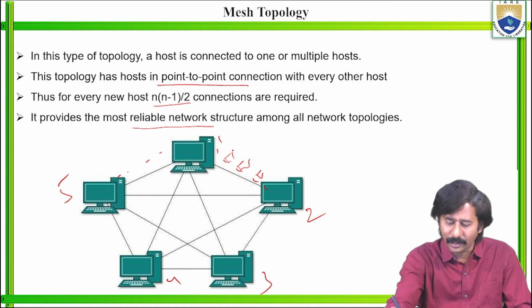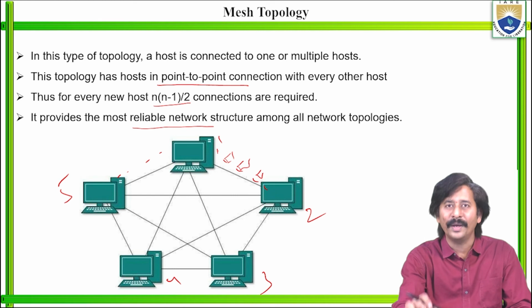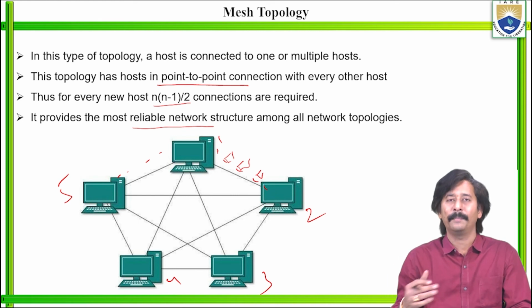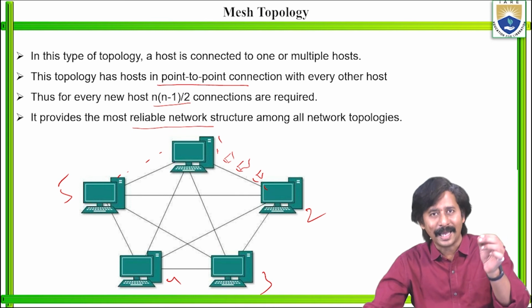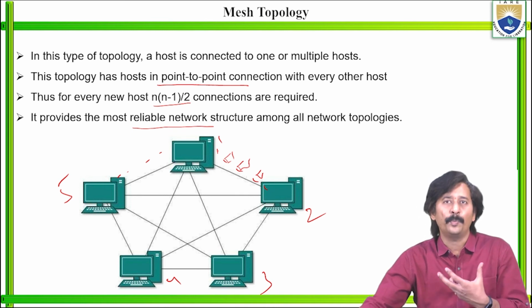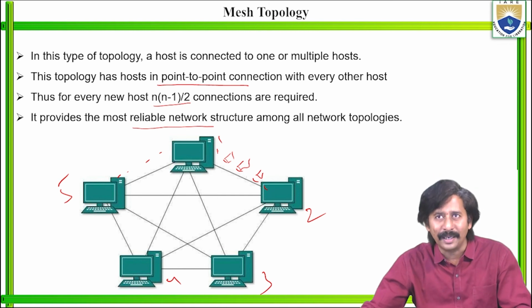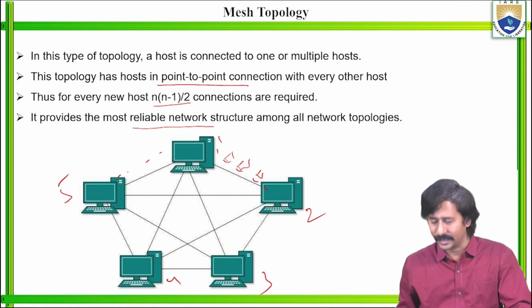There is a communication from node 2 to node 1. Then node 1 assumes that, okay, my data is successfully transmitted to node 2. There is reliability. So the mesh topology provides the most reliable network structure when compared to all other network topologies.